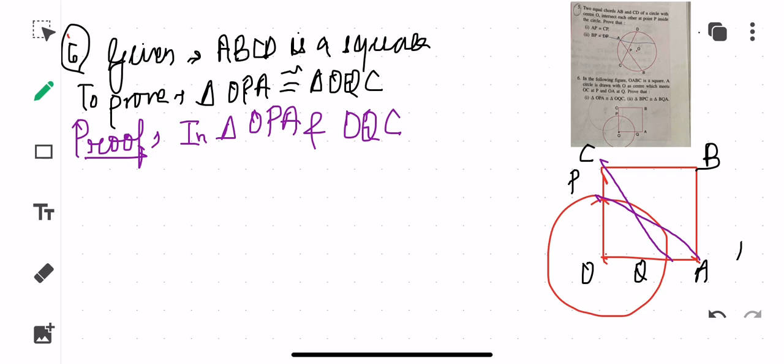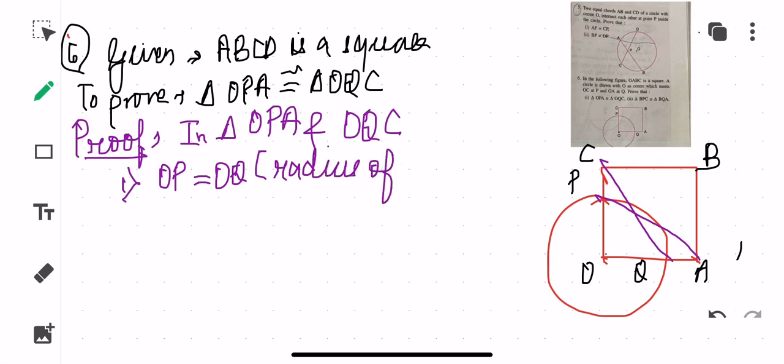Okay, so what are the things that have been given? If you look into the figure, children, in OPA we have OP and this is equal to OQ. Why? Because they are all radii of the circle, since there are two of them. Okay, so radii of circle.